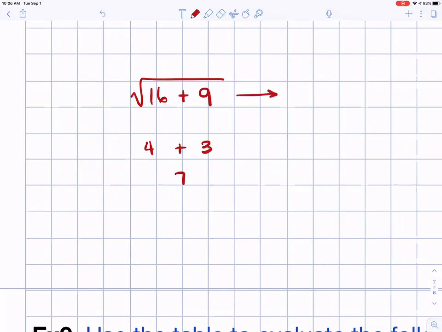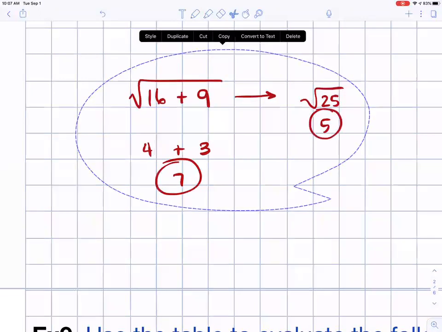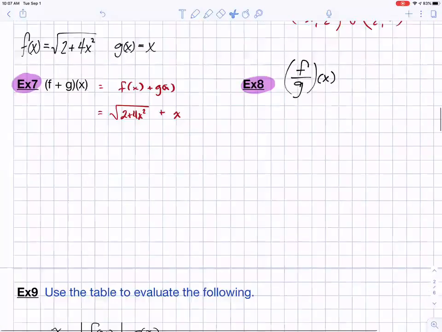What's 16 plus 9? 25. So this is the same thing as square root of 25. And what's the square root of 25? So these two, you can't have both of these for answers, right? So the rule is that for adding and subtracting, you cannot take square root piece by piece. You can do that with multiplying and dividing, but not with adding and subtracting. Does that make sense?